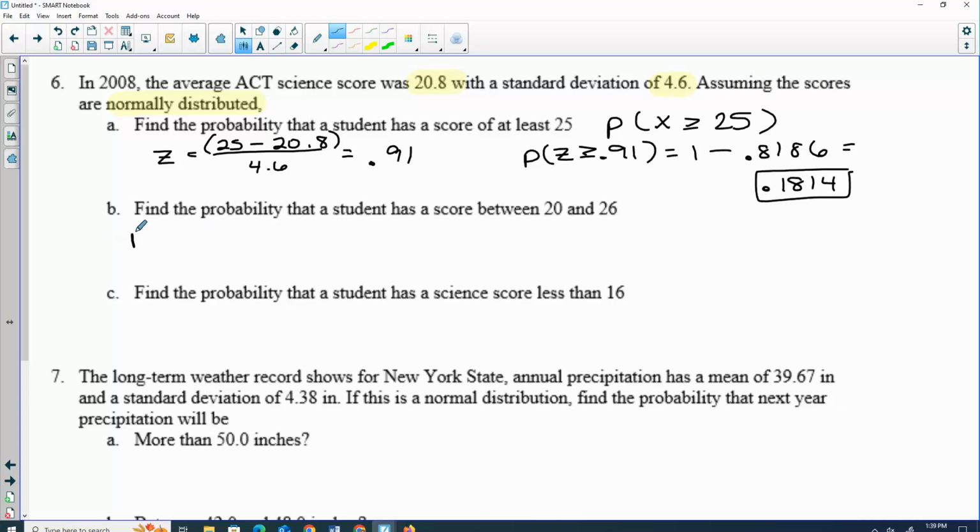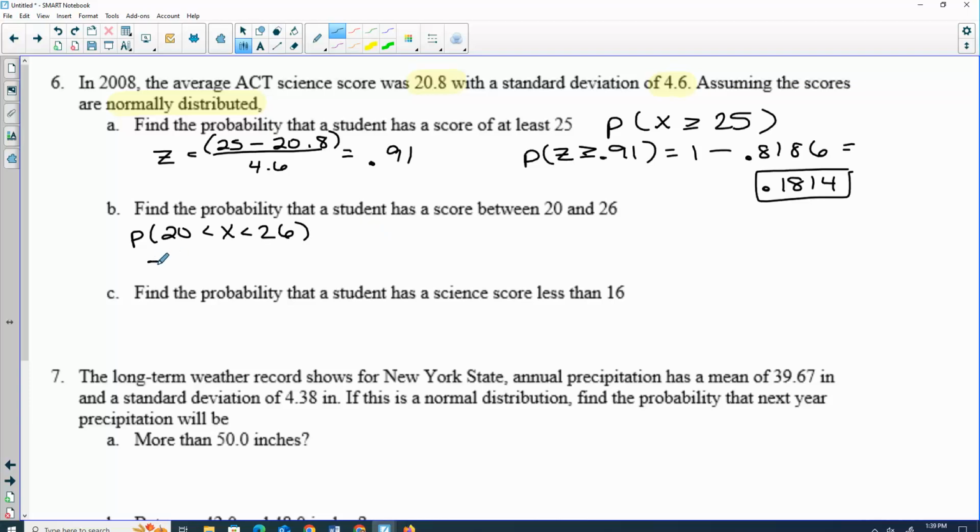So B, I want to calculate the score is between 20 and 26. So what do we need to do with that? We need the two Z's and we'll subtract them.